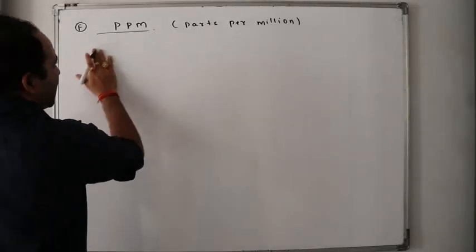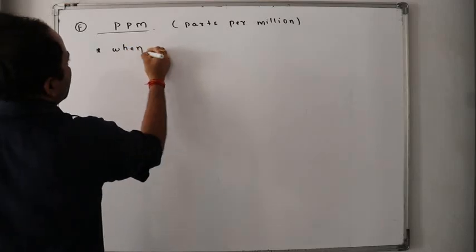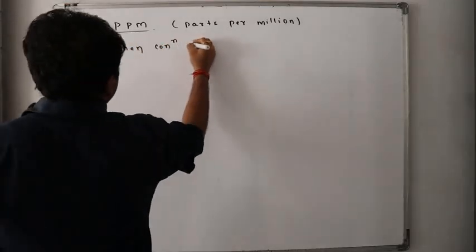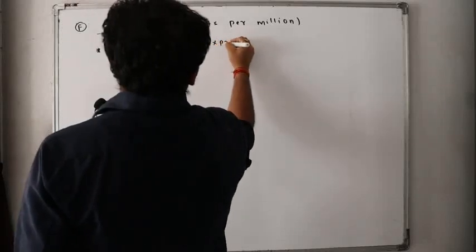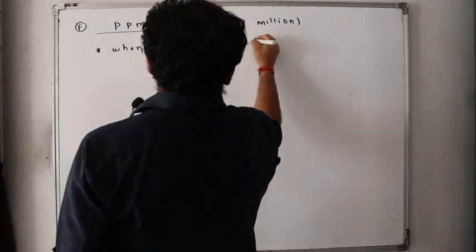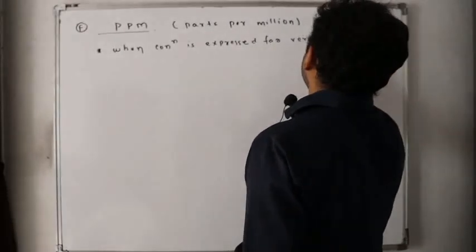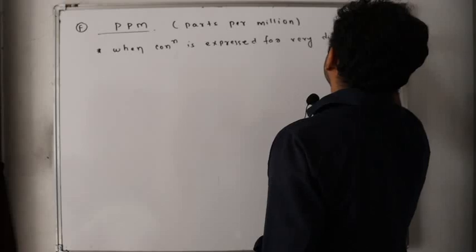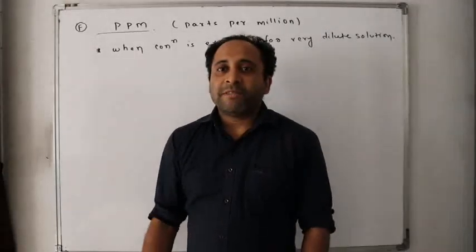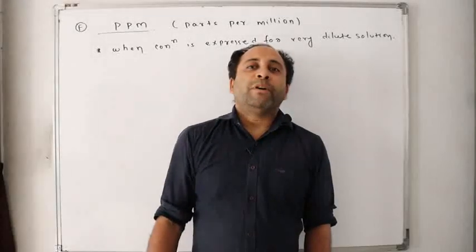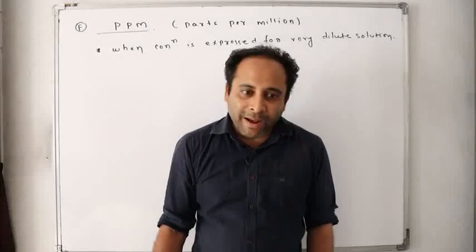Just a minute, I'll tell you one more thing about this. That is, when concentration is expressed for very dilute solutions. For example, when explaining the pollution of the air, it is expressed in terms of ppm, parts per million.